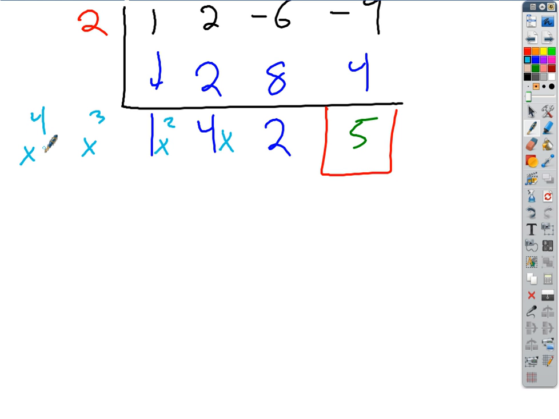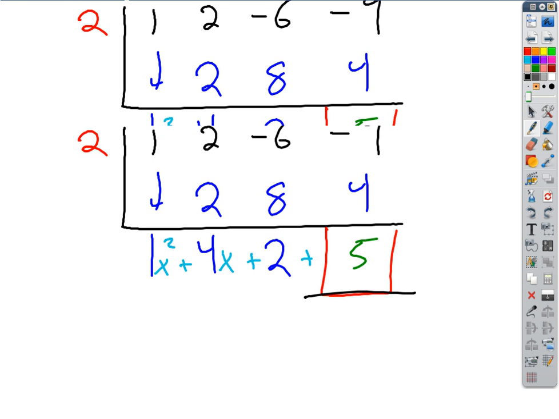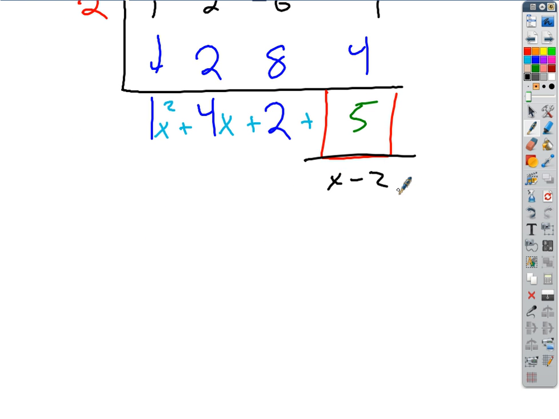Now, we don't have those in this case, right? So we just stop there. But our answer then just looks like x squared plus 4x plus 2, plus 5 divided by x minus 2. That's our answer. Isn't that quick and easy?